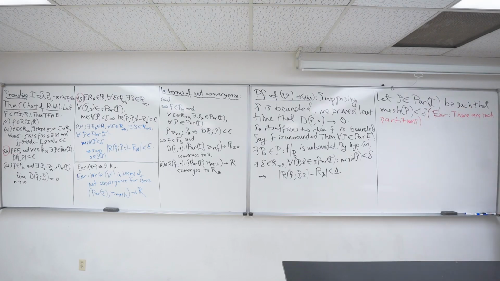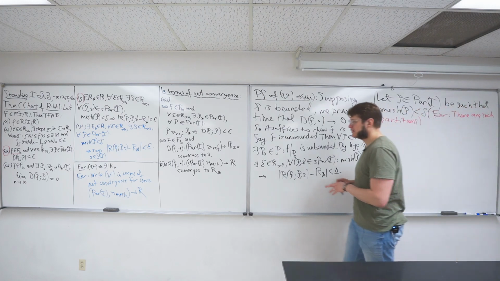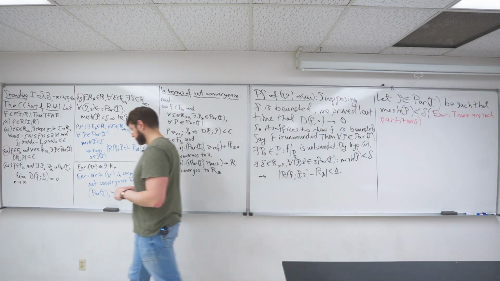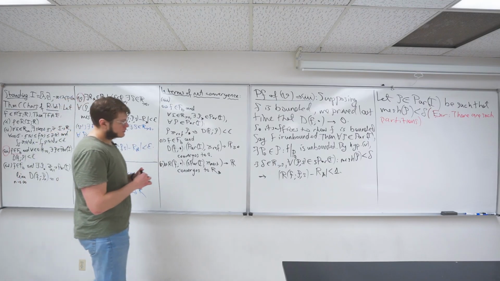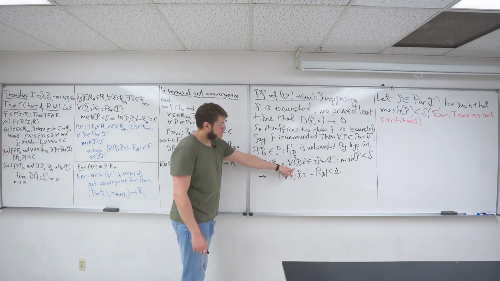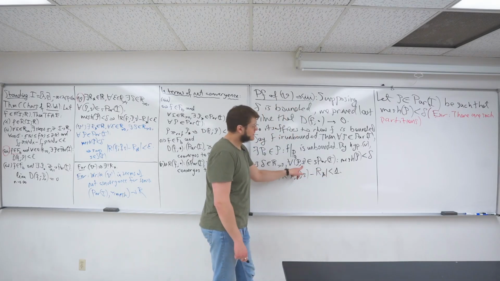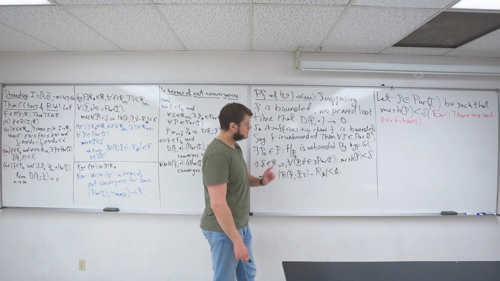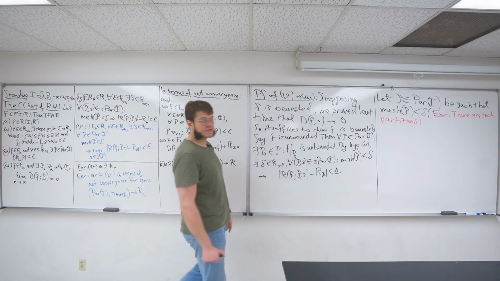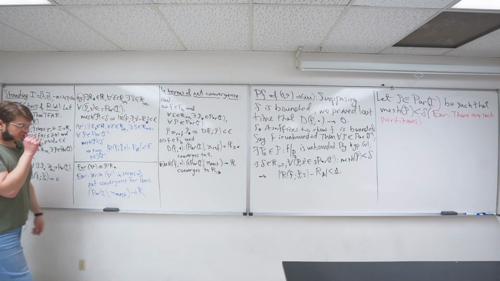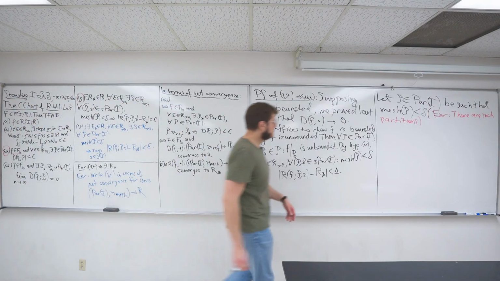I don't need a specific partition. All I need is one. So I'm not going to worry about exactly writing it down. Now, once I fix my partition, you see, no matter what sampling function I choose on P, the associated Riemann sum is always going to be within one distance from r star.